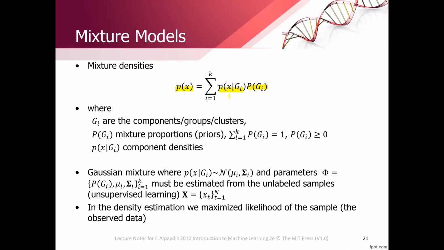So the formula is quite simple, I suppose. The capital P of GI, how can we measure such a value?